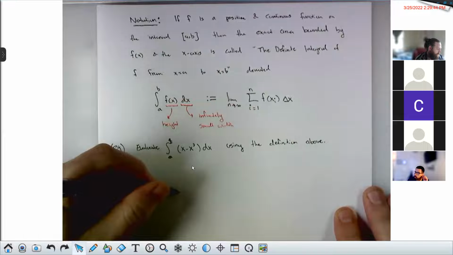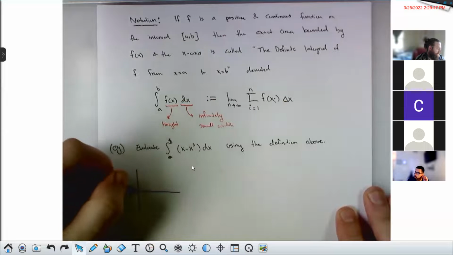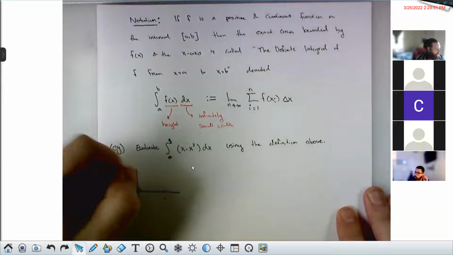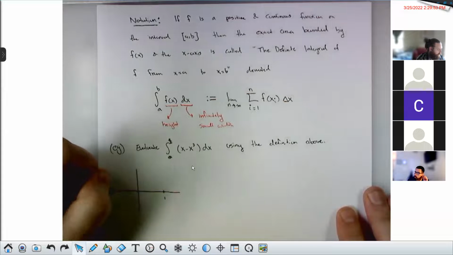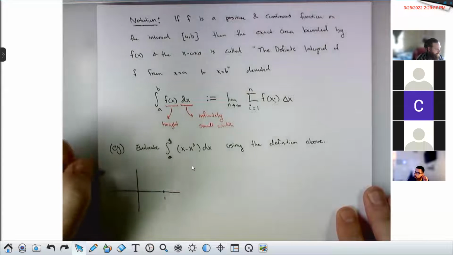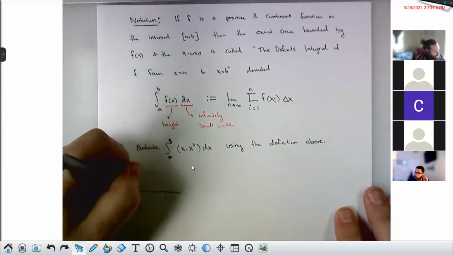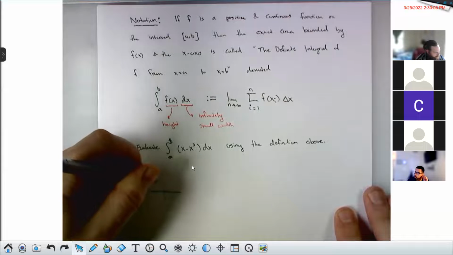I can toss in a quick sketch here. This guy has roots at 1, 0, and -1. So it's going to be something like this. I'm just looking at it.